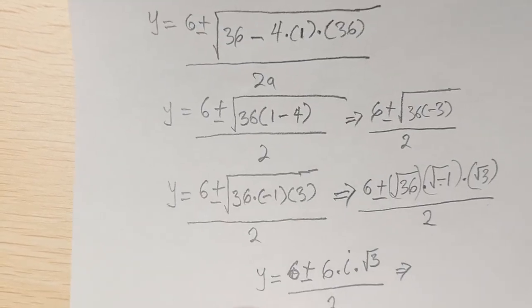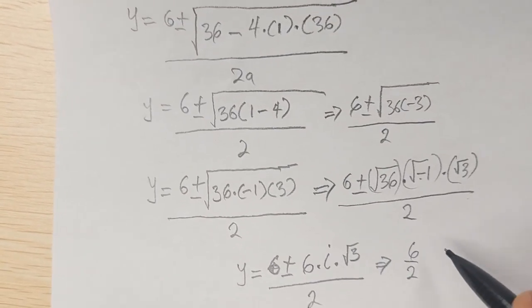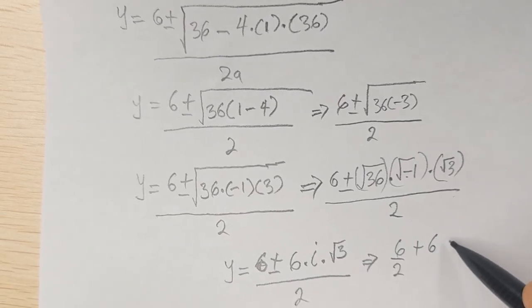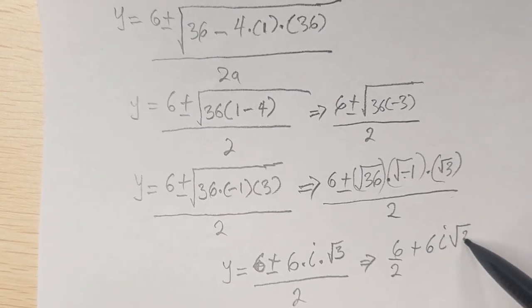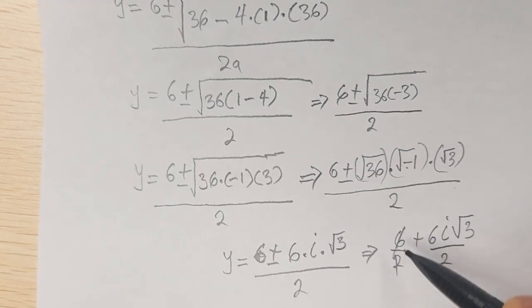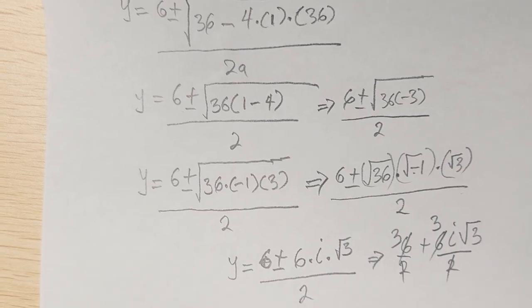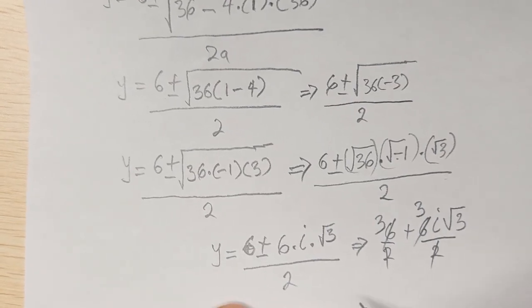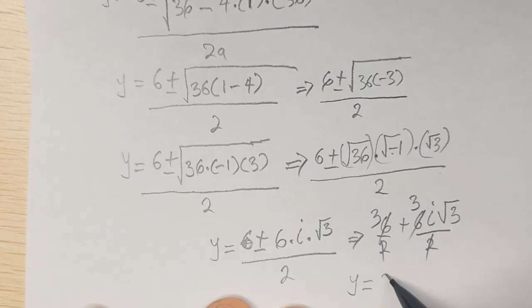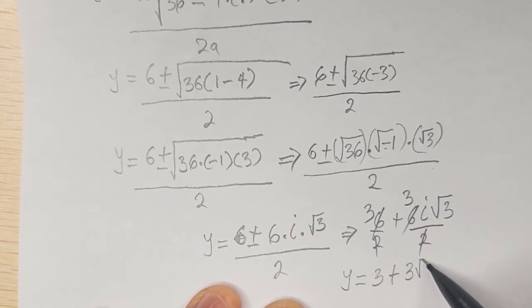This can be rewritten as 6 over 2 plus 6i root 3 over 2. That cancels out, and we have y equal to 3 plus 3 root 3 i.